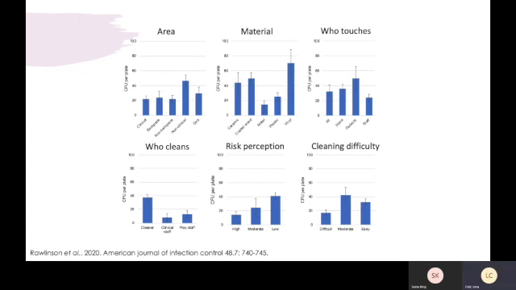And then looking at who is responsible for cleaning. In this case, basically the majority of the surfaces within the ward are the responsibility of the cleaner. After that, we have the surfaces that are cleaned by clinical staff. So these might be things like weighing scales or changing tables within the height and weight room.